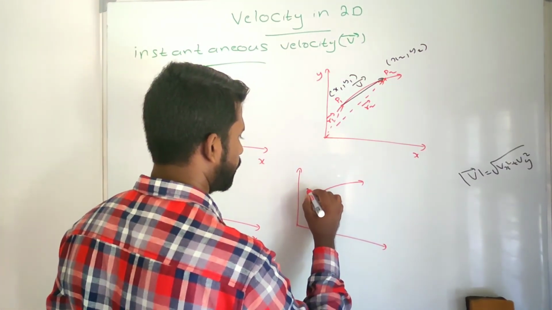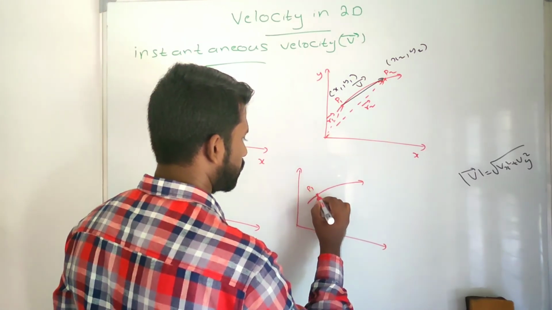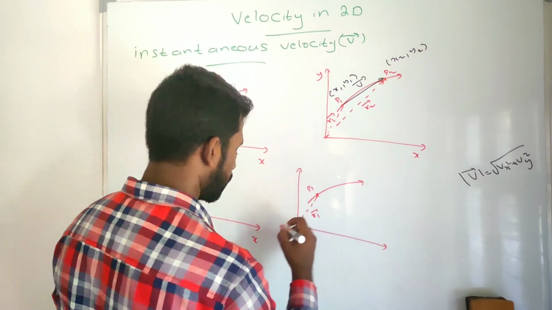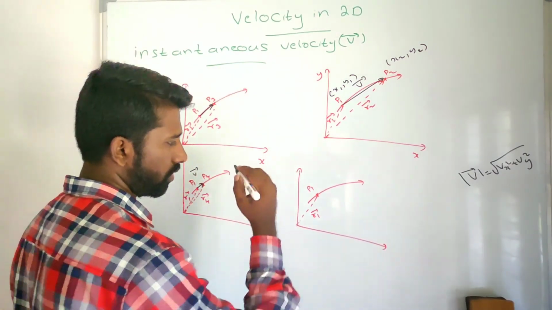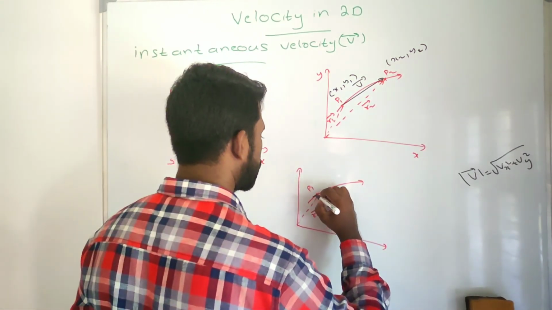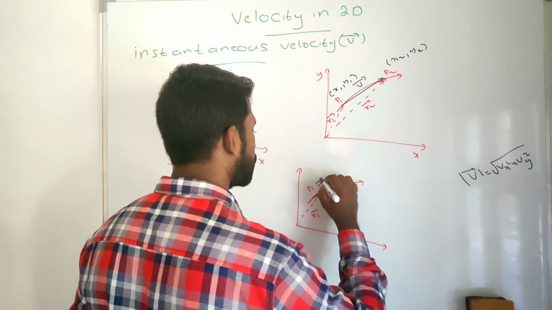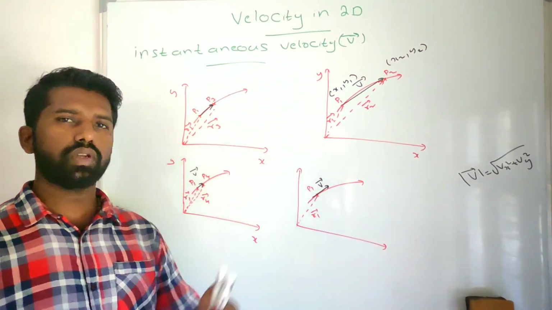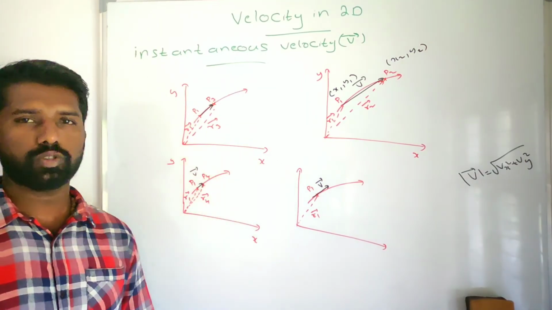This is the point P1 and its position vector is R1. The instantaneous velocity at this point is found by just drawing a tangent. This tangent gives the instantaneous velocity at this point.